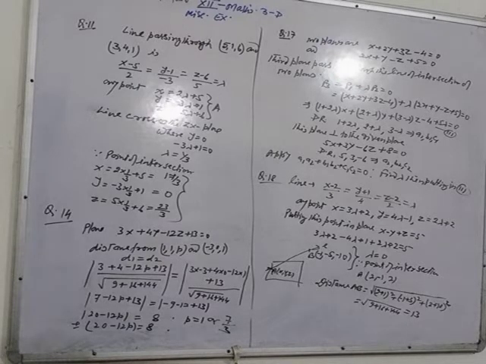For the first point, put the point in the plane and divide by root of a square plus b square plus c square, meaning the square of the coefficient of x plus the square of the coefficient of y plus the square of the coefficient of z. Do the same for the second point, minus 3, 0, 1. The procedure is the same. Both distances are equal. Now find the value of p. After solving you will get p.